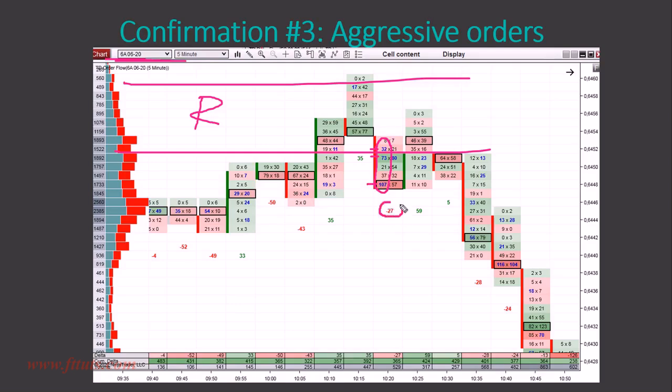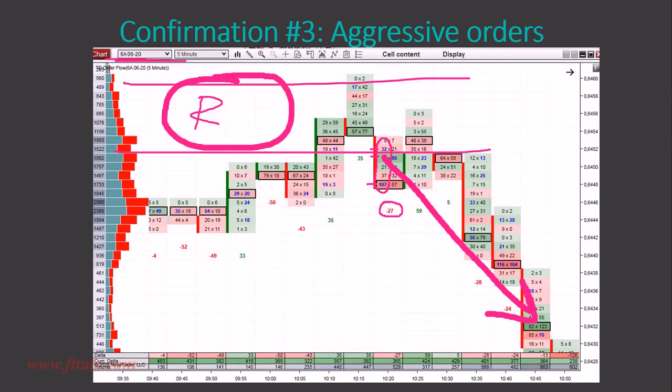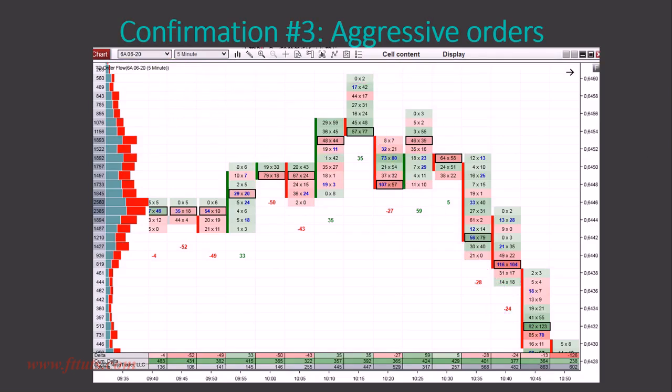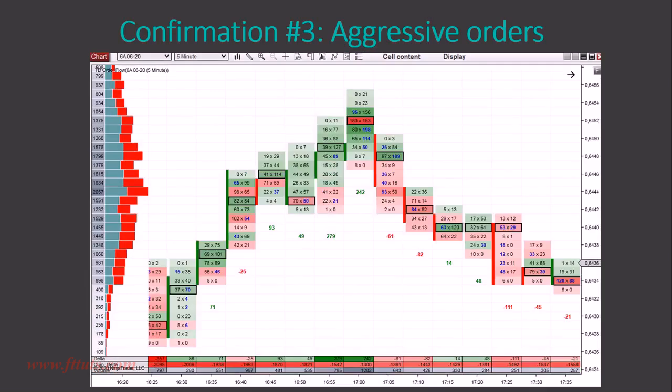Delta turns negative. This is the signal to go short. Now, if this happens just like that, not in a resistance zone, then it would mean nothing. It wouldn't be any sort of confirmation. It wouldn't be any sort of signal. You always want to look for it in a resistance or in a support zone. All right? I don't really recommend trading it as a standalone setup.